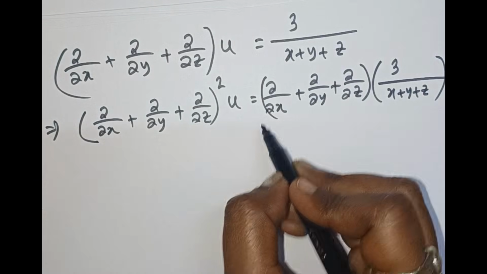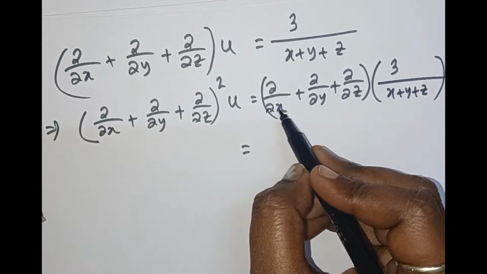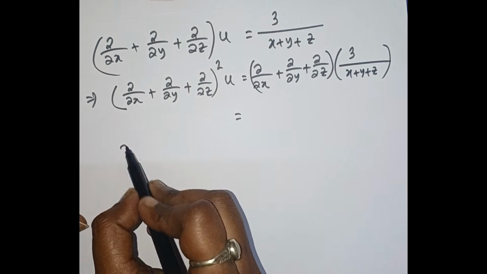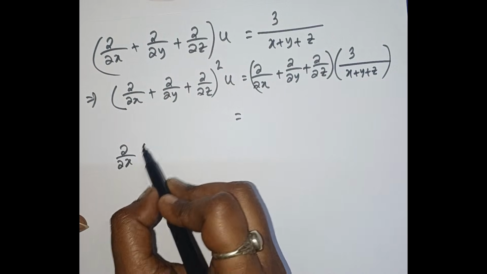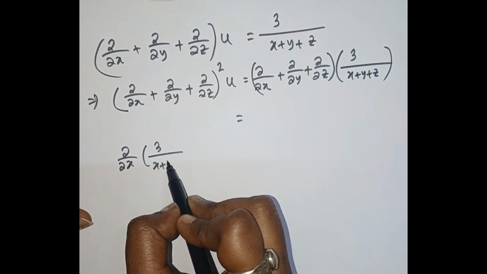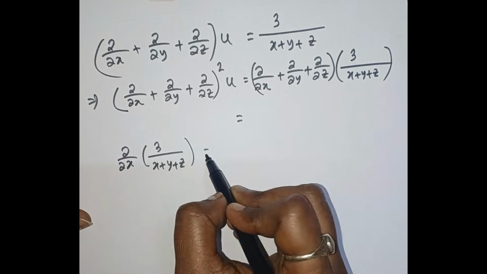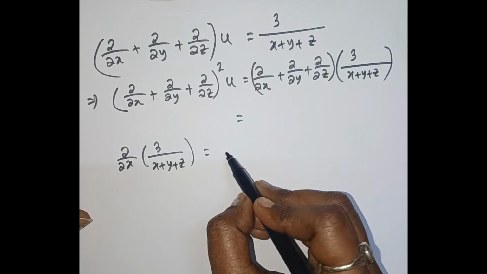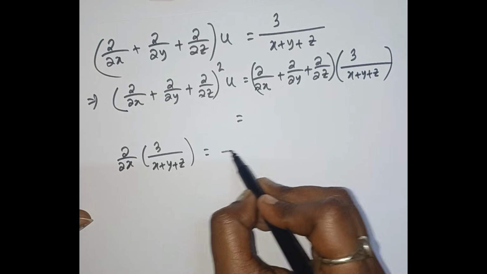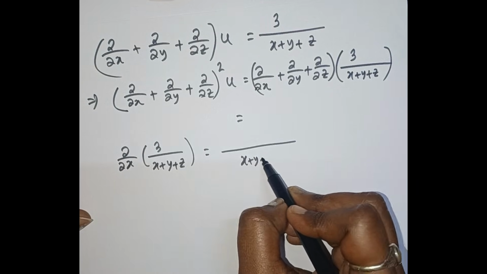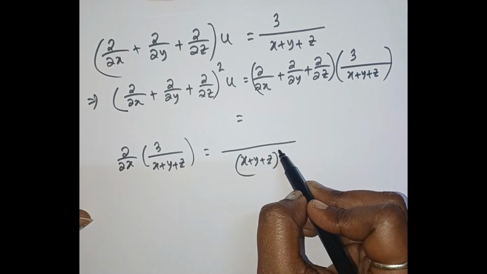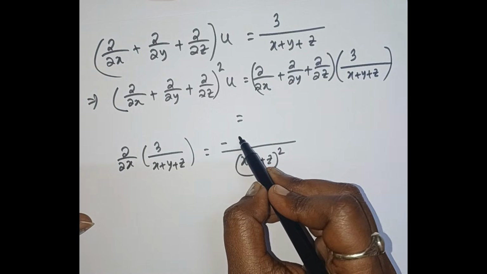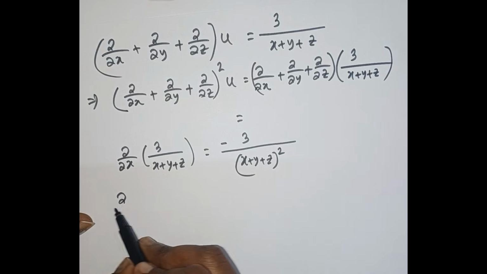So if we do del del x, del del y and del del z one by one, then we will sum those. First calculate del del x of 3 by x plus y plus z. If we differentiate with respect to x, the denominator will be x plus y plus z whole square, and the numerator will be 3 into 1, and a minus sign will be there.